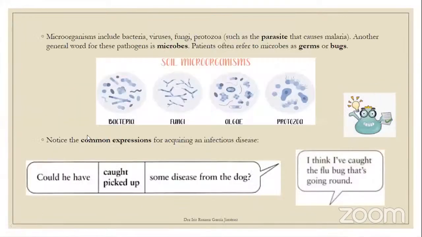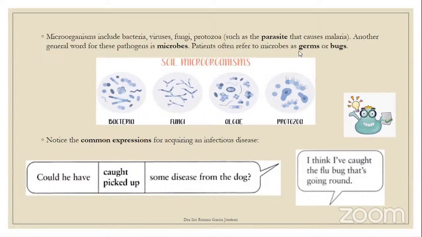And now we get this. As I was telling you, microorganisms could be bacteria, viruses, fungi, protozoa, okay? Parasites, of course. A general word for these pathogens could be microbes. But patients don't use microorganisms or microbes.